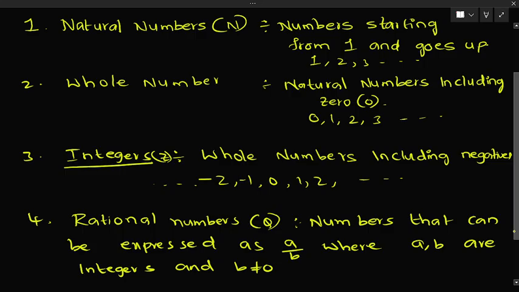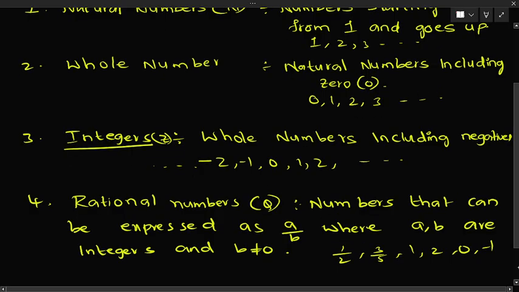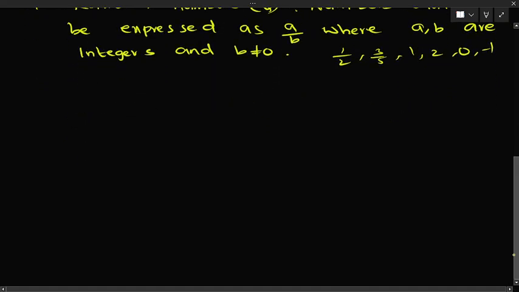This point is very important: b not equal to 0. Examples are 1 by 2, 3 by 5, 1, 2, 0, minus 1. Natural numbers, whole numbers, and integers are all included in the rational numbers.